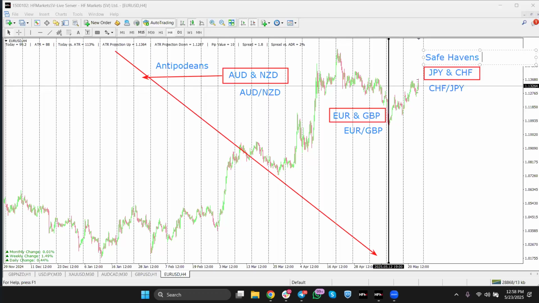For euro and pounds, we really don't have a name. In fact, the closest I saw online is European bloc, and I don't think it's really a catchy or generally accepted name. Euro and pounds are usually just called European currencies. Some people say the European bloc, but it's not catchy. But for AUD and NZD, antipodeans, also known as high betas.